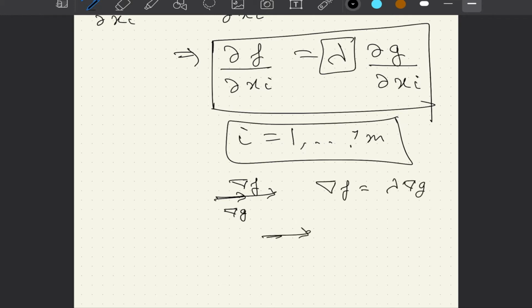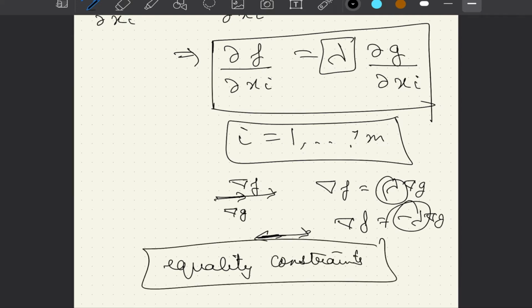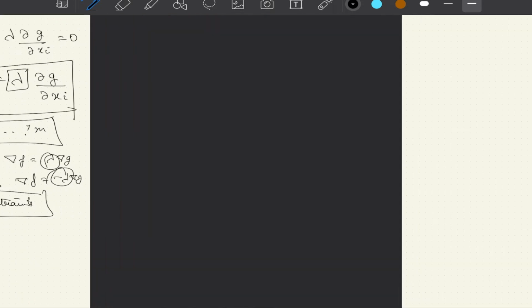If we assume initially that the function is decreasing in another direction as compared to function g, in that case del f can be written as minus lambda del g. So basically lambda is unconstrained in terms of sign when we are dealing with equality constraints. This is very important because when we go to inequality constraints, we will look into what it means.